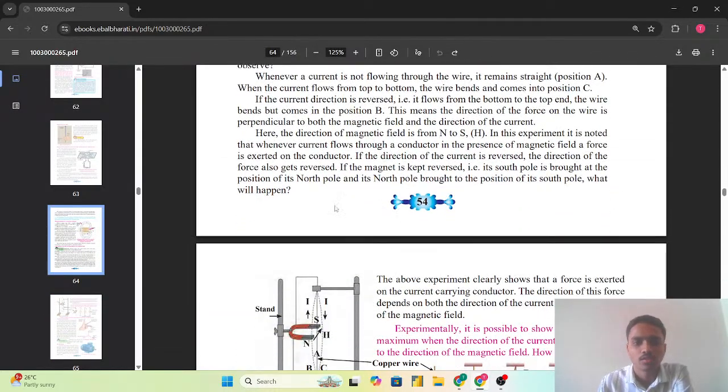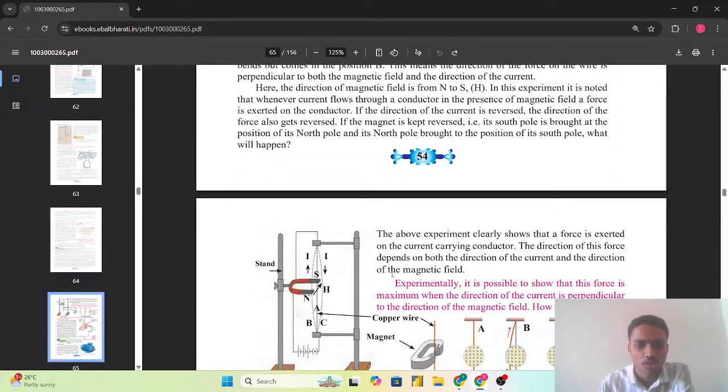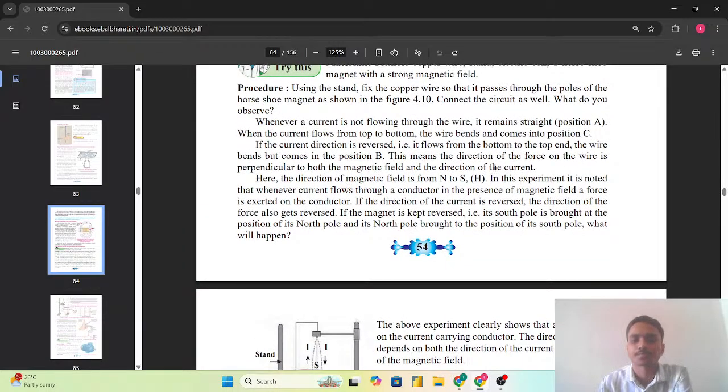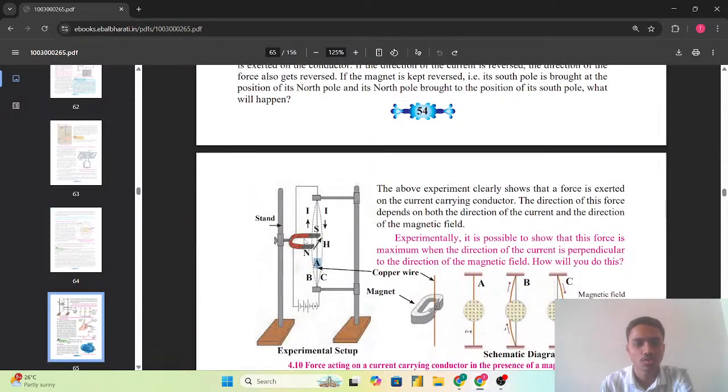As there is no current flowing through it, the straight conductor will be in the straight position as position A states. Here we can see position A, in the straight direction. Whenever a current is not flowing through the wire, it remains straight, position A. When the current flows from top to bottom, the wire bends and comes into position C.